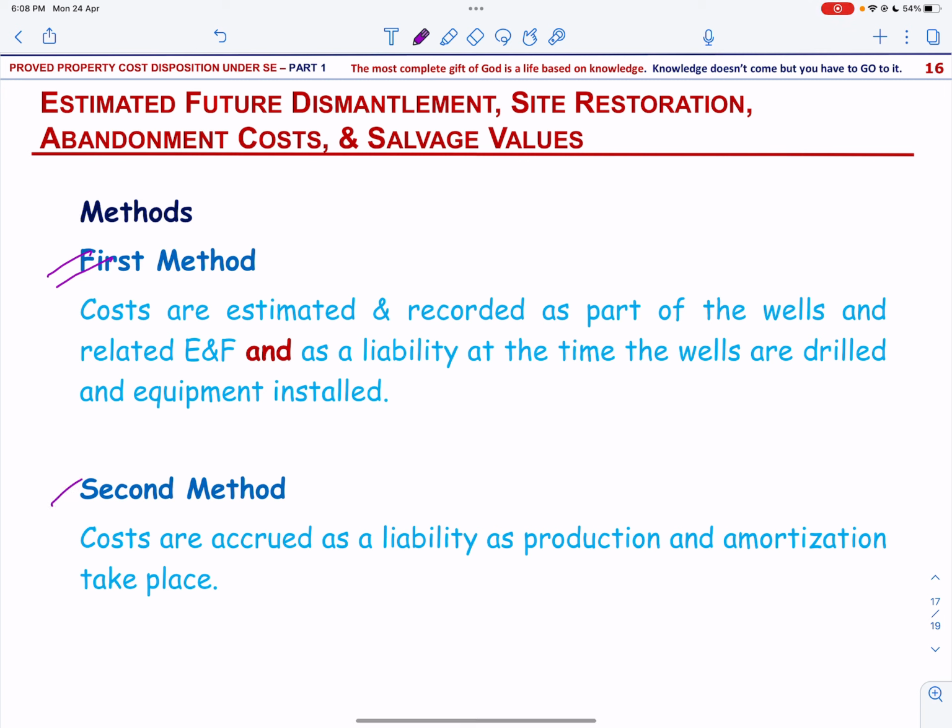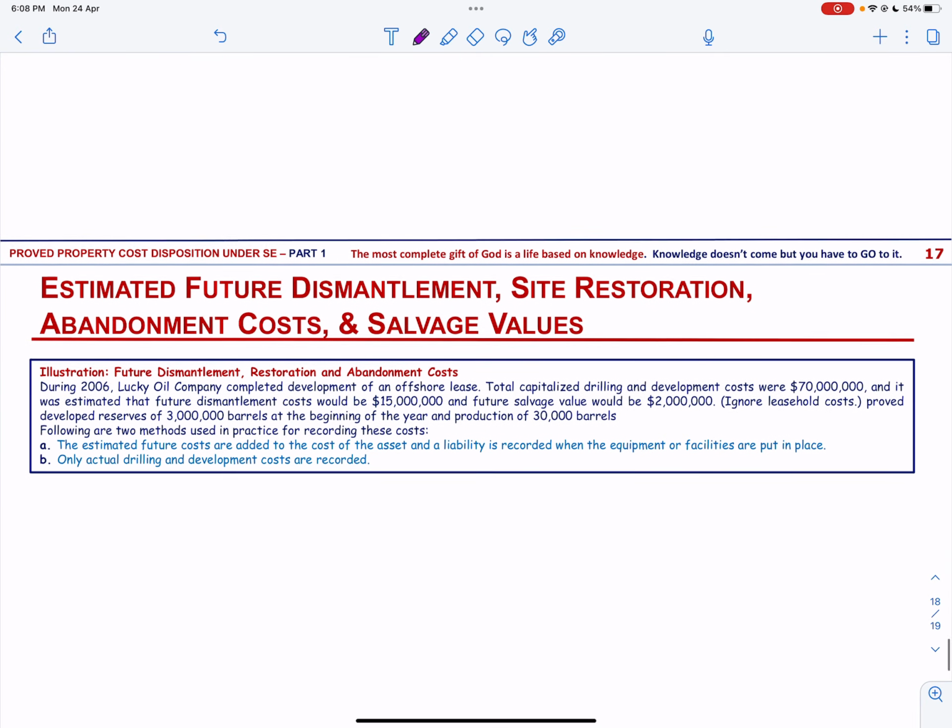In the second method, these costs are accrued as a liability as production and amortization takes place. In this method, the costs are not added to the cost of the underlying asset. So let us solve an exercise by both the methods.